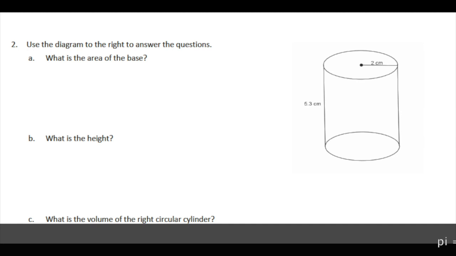So again, from other grades, we can determine the area of the base. Now, when dealing with a cylinder, we've already said that the base is a circle. So to find the area of a circle, it will be pi radius squared. Now, oftentimes it will say leave in terms of pi, but we're actually going to solve for it today.